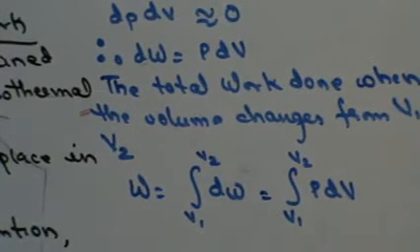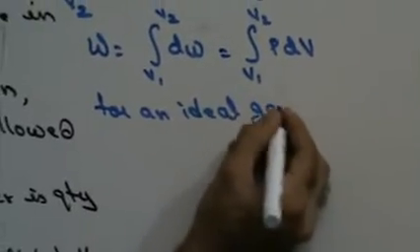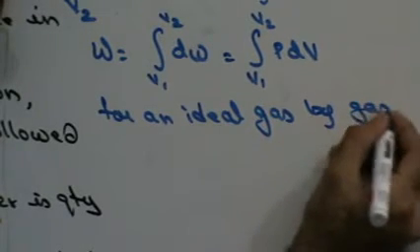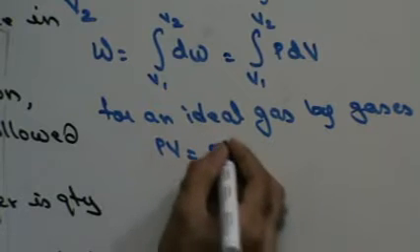Now, for an ideal gas, by the gas law, PV is equal to nRT. Therefore, P is nRT upon V. Substitute this value of P in the equation of work. So work is the integral from V1 to V2 of nRT upon V dV. nRT is constant, so it comes outside the integral.